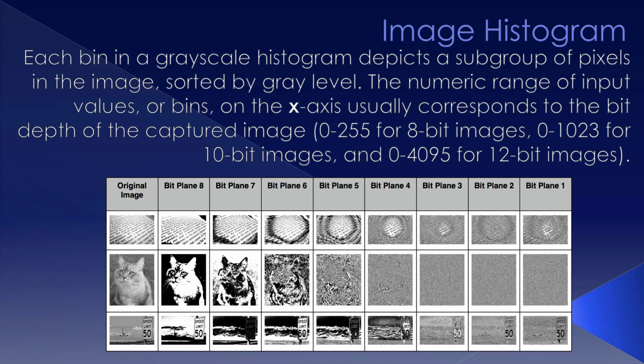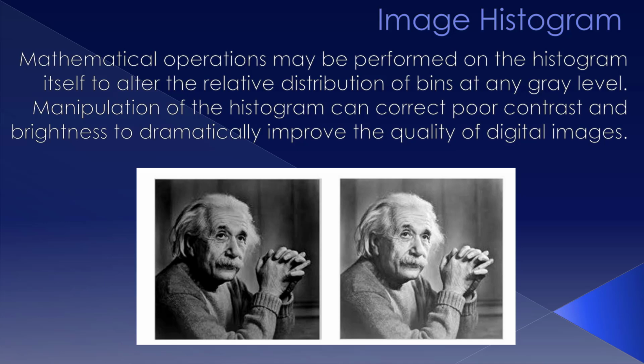We can see here examples of 3 original images: text on a page, a cat, and a plane landing with a speed limit sign in the foreground. And if you look at the images from 8-bit plane down to 1-bit plane, you can see the degradation of the quality of the image with increased blurring and decreased sharpness or resolution of the image.